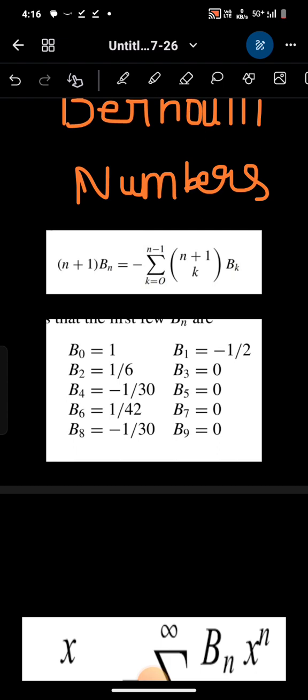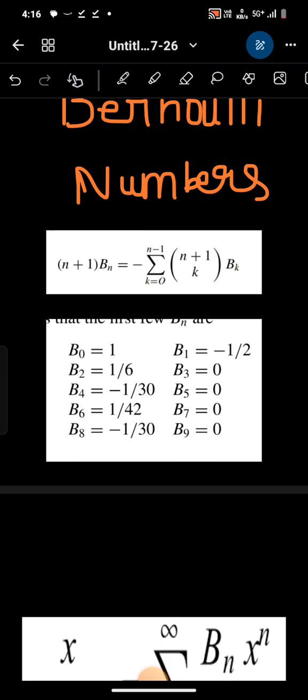So if we carefully look at this expression, you may notice that the odd Bernoulli numbers are 0 except the first Bernoulli number, which is minus 1 by 2. So Wolfram Alpha suggests that these are the Bernoulli numbers.